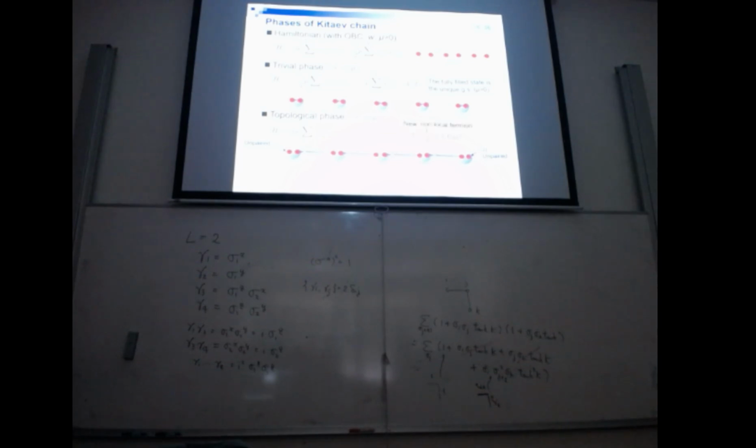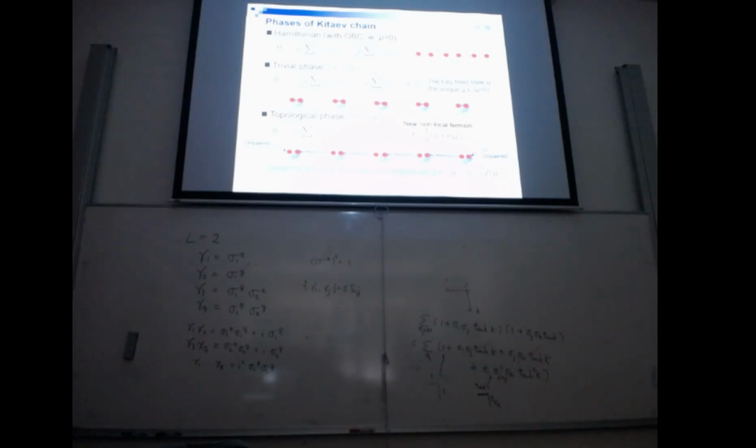But that means if you construct this new fermion operator f in terms of gamma 1 and gamma 2L, this f and f dagger commute with the Hamiltonian. So that means the presence or absence of this new fermion corresponds to the degeneracy in the ground state.